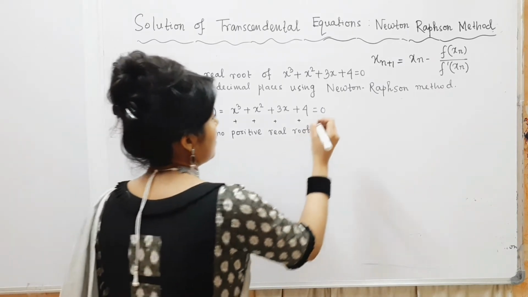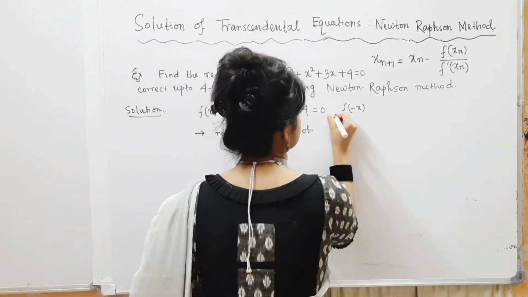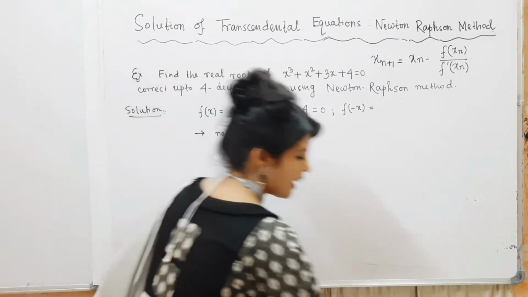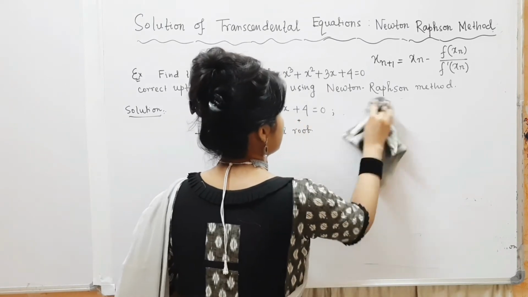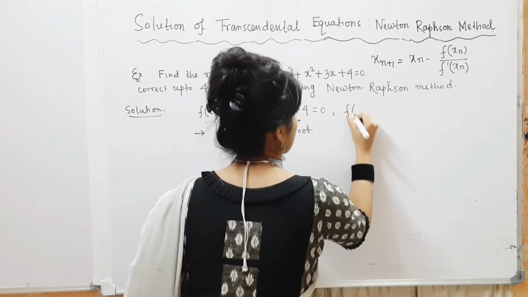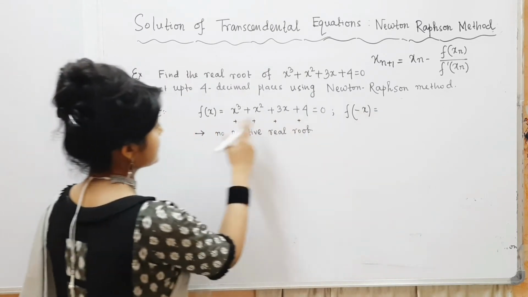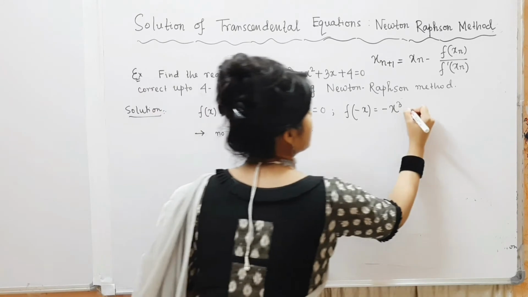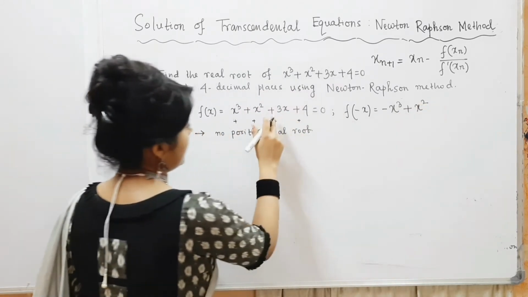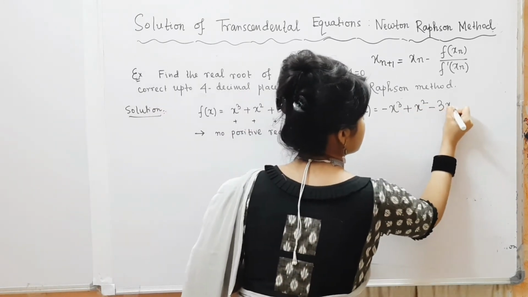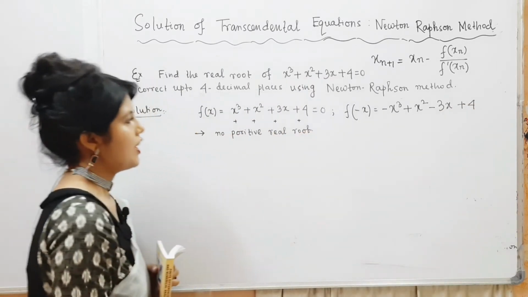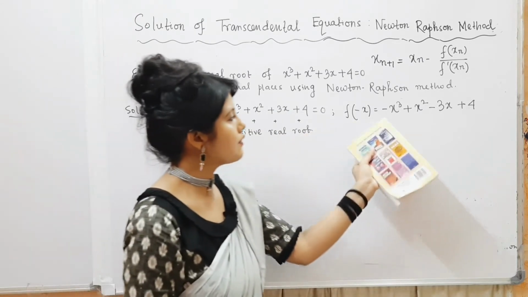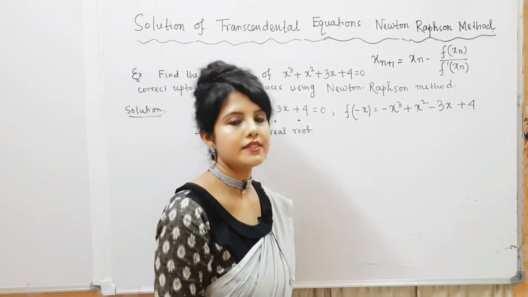Now for negative real root you have to consider f of minus x. So you write minus x in the place of x. It will give you minus x cube plus x square minus 3x plus 4.